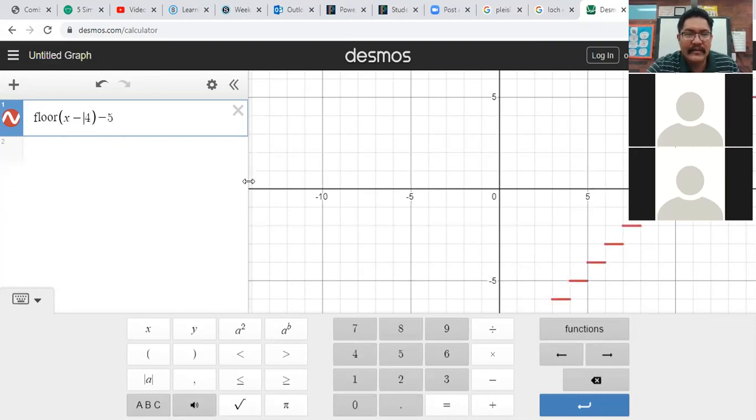It looks like it's going back the other way, but that's not what's going on. And let's see if I can times this by half. Oh, there we go. So now it's stretched sideways, or if I did it this way, it would be stretched the other way.